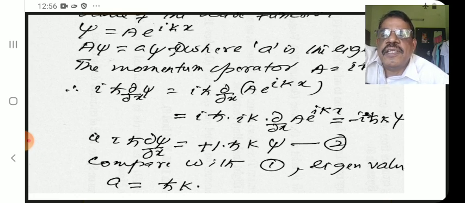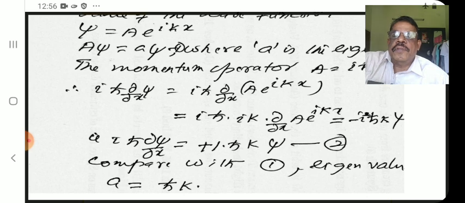When we differentiate the function, we get ik a e raised to ikx, that is I square h cut k psi. So in the second term of differentiation, dou by dou x is repeated. That is not needed. I think it is clear. It's a simple differentiation.